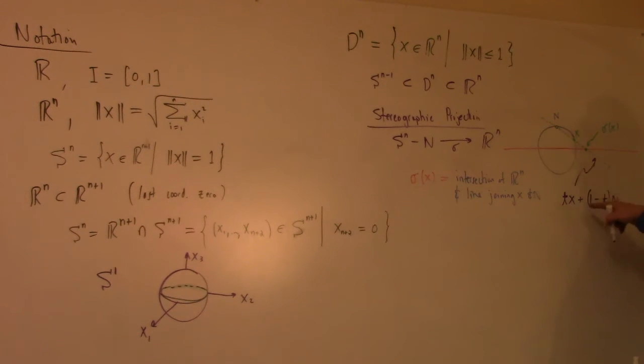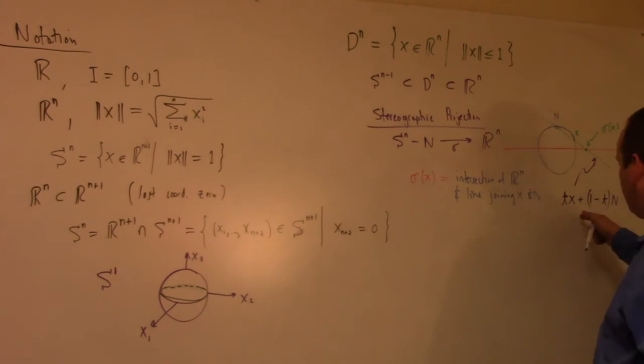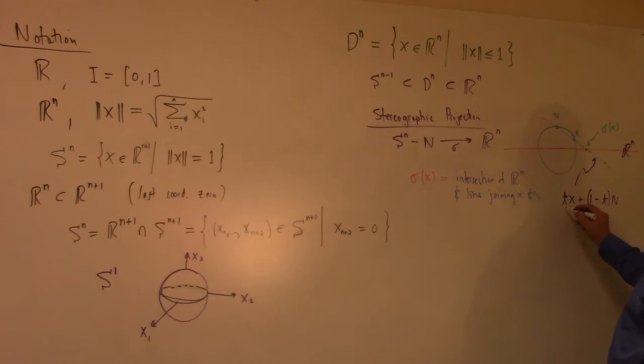It's when the last coordinate is zero, since this red line is Rn. So what does this look like? It looks like tx1 plus (1 minus t) times the first coordinate of the North Pole, which is 0.